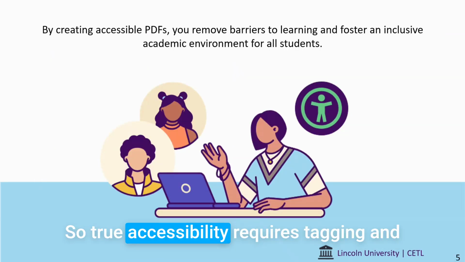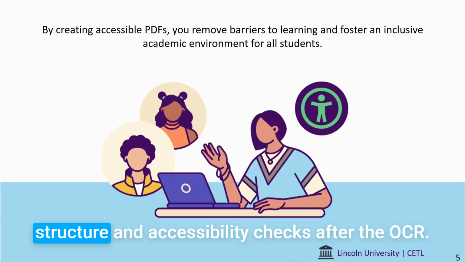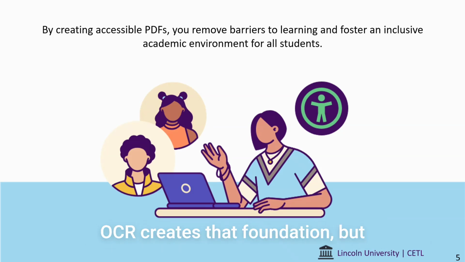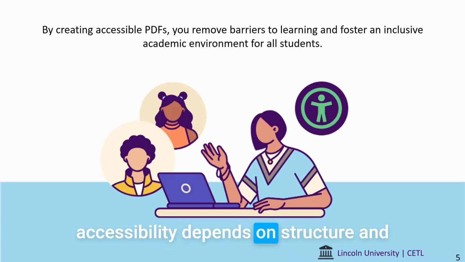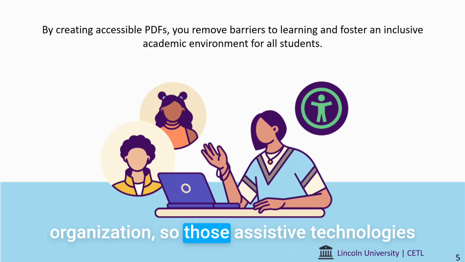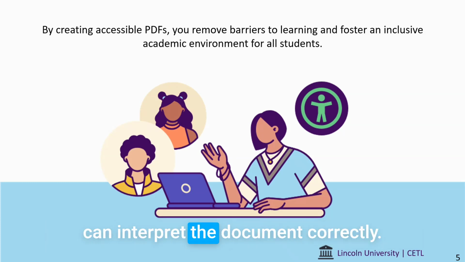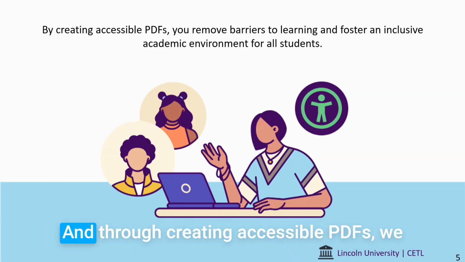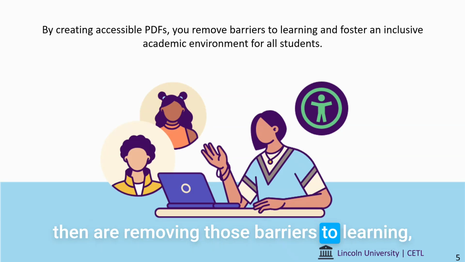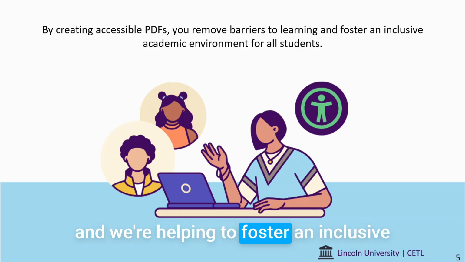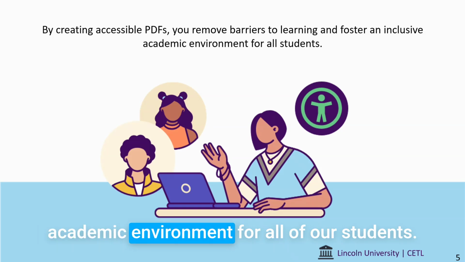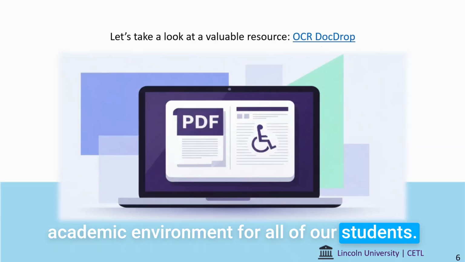True accessibility requires tagging, structure, and accessibility checks after the OCR. OCR creates that foundation, but accessibility depends on structure and organization so that assistive technologies can interpret the document correctly. By creating accessible PDFs, we are removing barriers to learning and helping to foster an inclusive academic environment for all of our students.